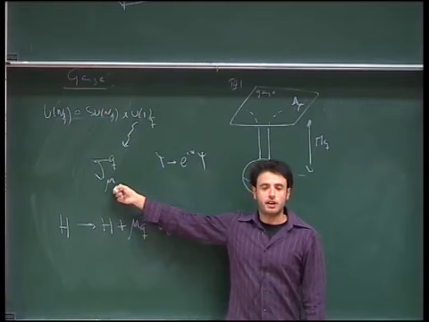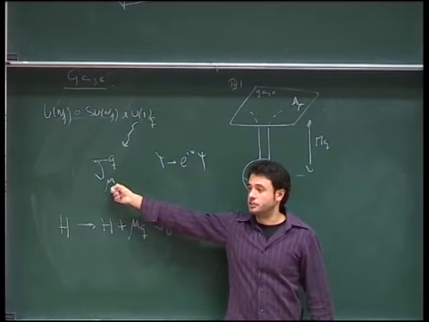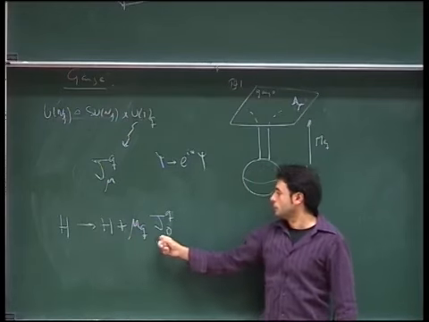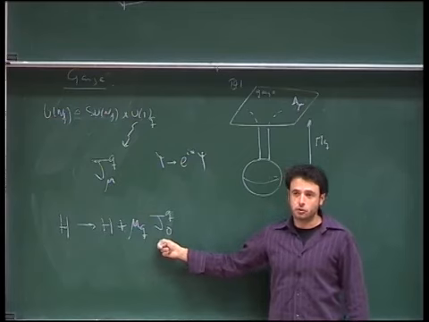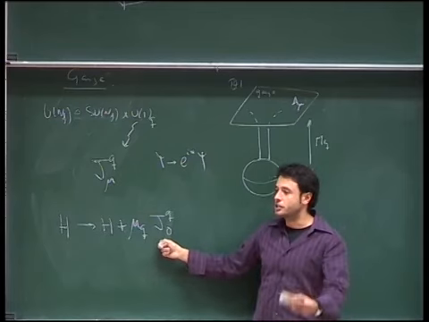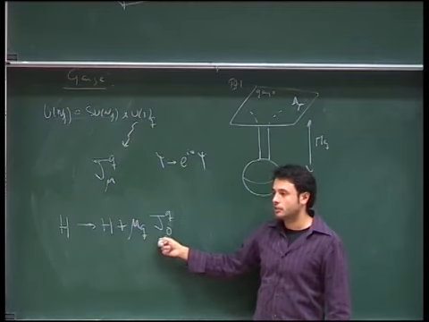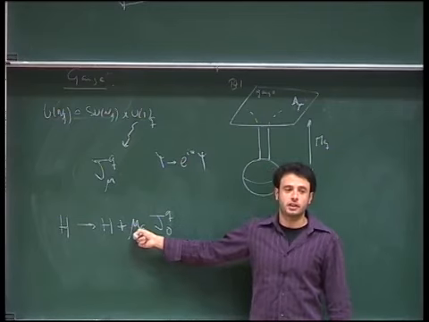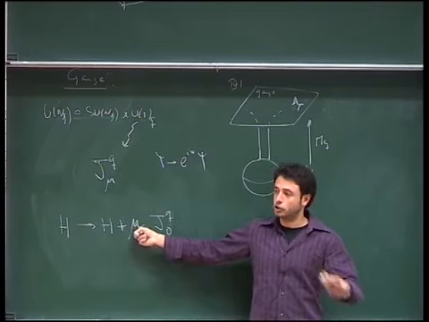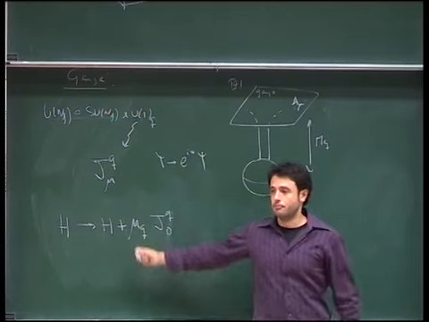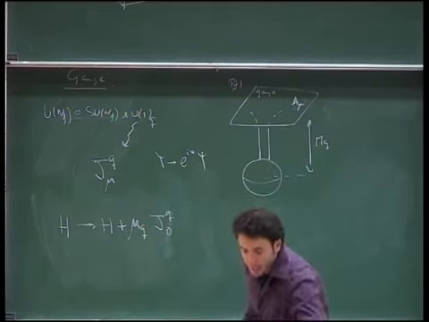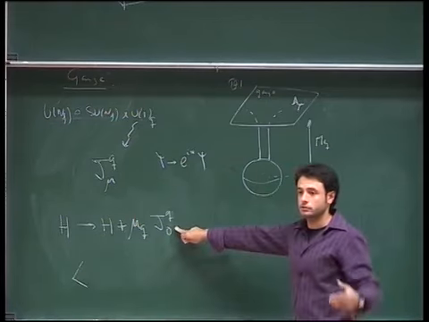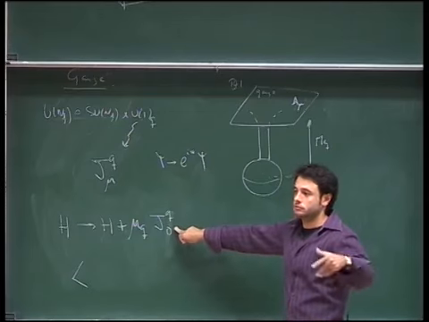The time component of a current is precisely the charge density. So you modify your Hamiltonian density by introducing a term of this form, which means that there's an energy cost in increasing the charge density proportional to mu. So that's what the chemical potential counts: how much does it cost you to introduce an extra quark? And of course, what you call the charge density is just the expectation value of the charge density operator in some state.